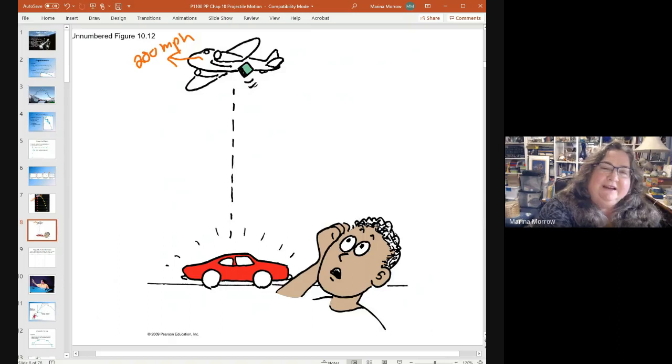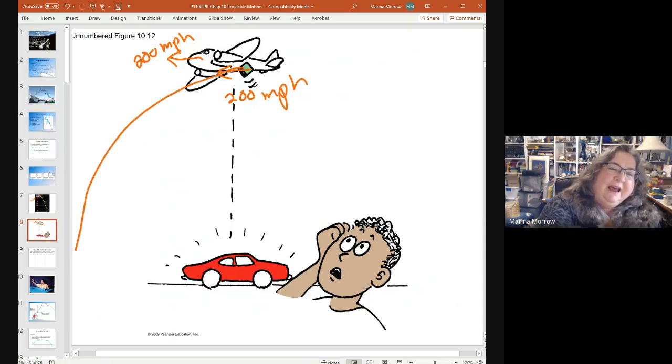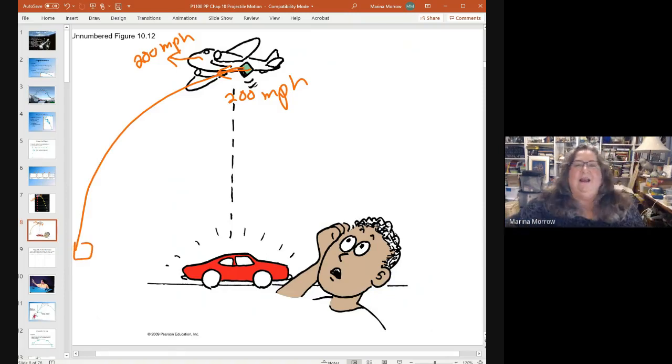Well, this package also shared that velocity, right? So the package is not going to hit your car because the package is going to go horizontally as well as vertically. And so it's going to land somewhere over here, not right over your car, because it shares the velocity of the airplane.